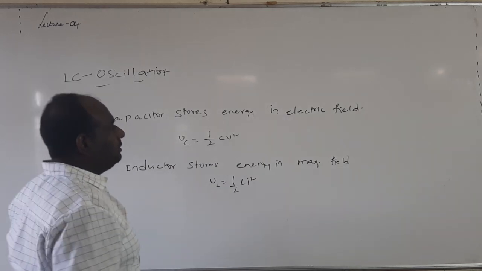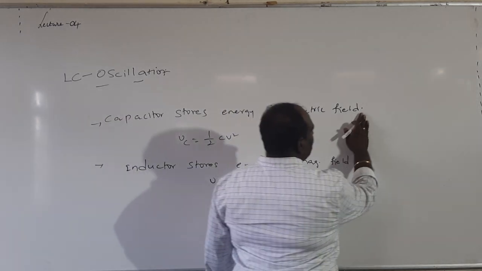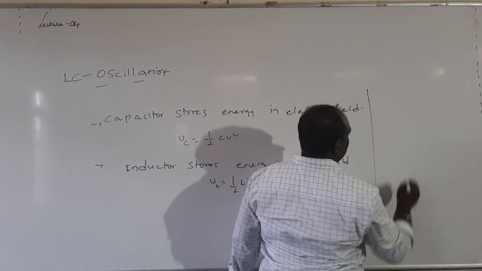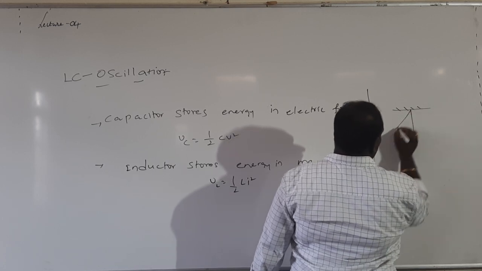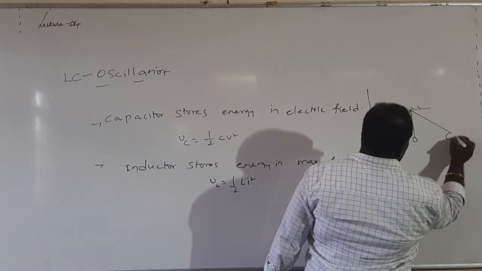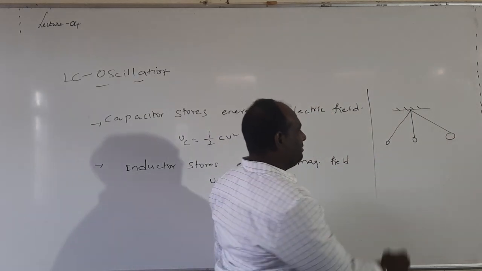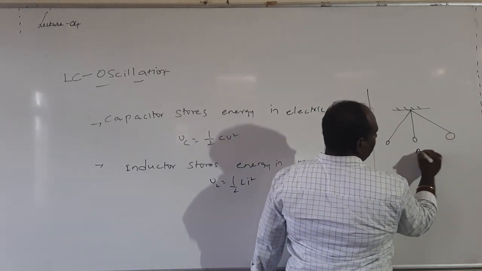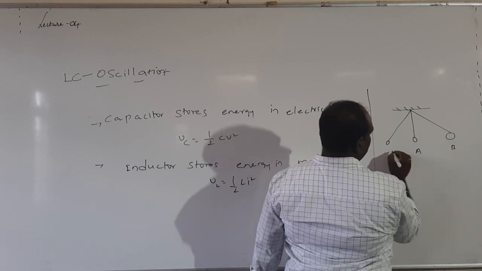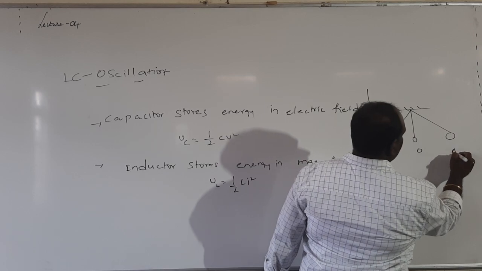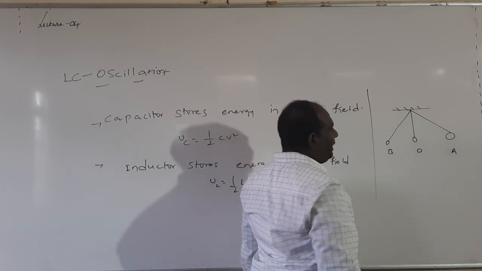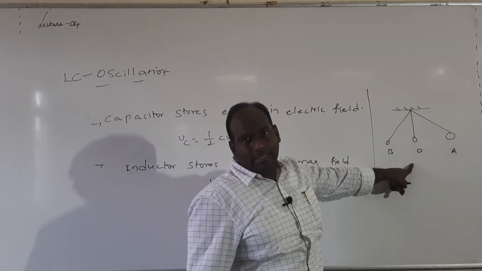Now remember this. In case of simple pendulum, we studied. I want to correlate LC oscillations with SHM. See, this is the mean position O, and A, B are the extremes. At mean position, it has maximum kinetic energy.